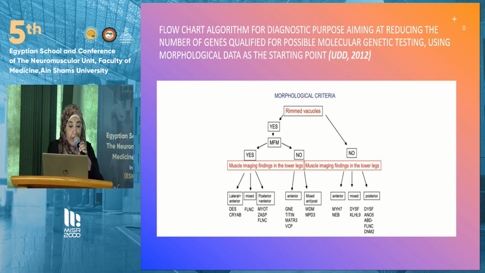If we have rimmed vacuoles but no myofibrillar myopathy, and the anterior muscles of the foreleg are affected, then it may be GNE or titinopathy. If the posterior muscles are more affected, then it might be myotilinopathy.